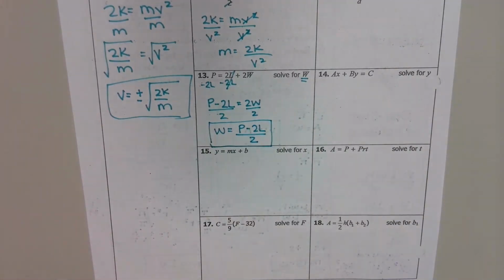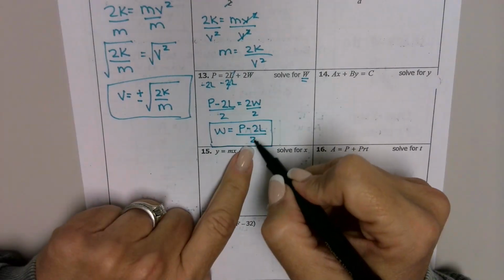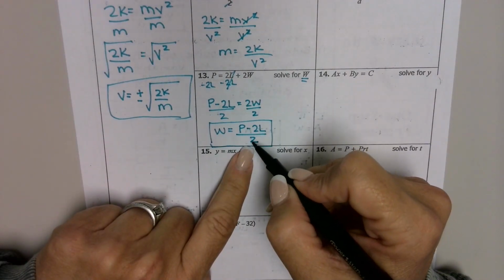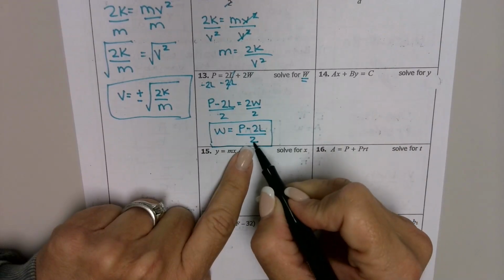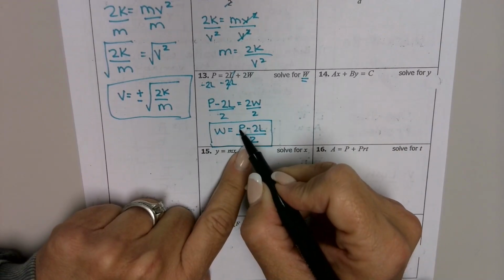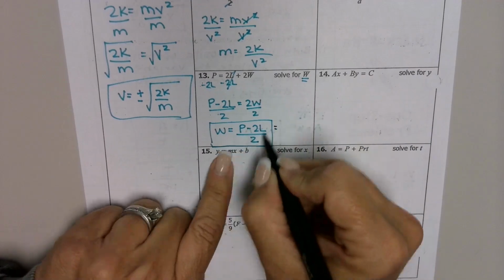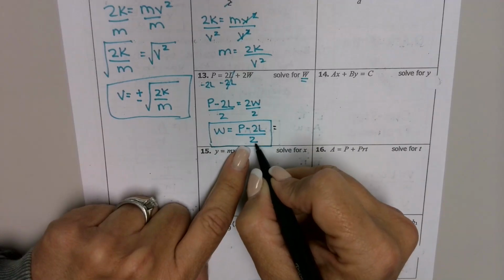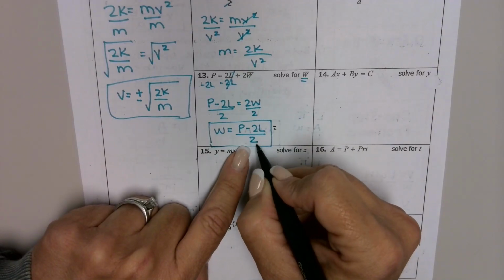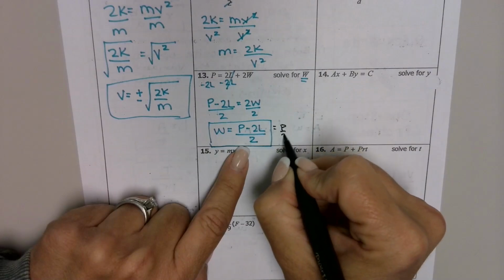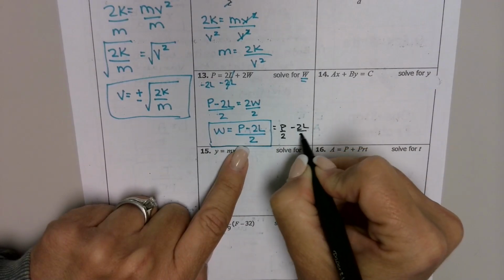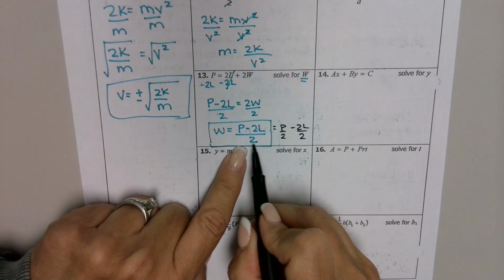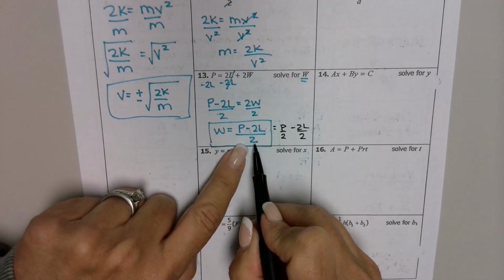Now, a very common mistake, and something that can't happen, is that I can't cancel these 2's. I can't reduce this, because the 2 also goes to the p. So leave it in this blue form, but I want to show you what this is the same as. This is the same as 2 terms with a common denominator: p over 2 minus 2l over 2. So if I broke this out, I would have a common denominator, right?